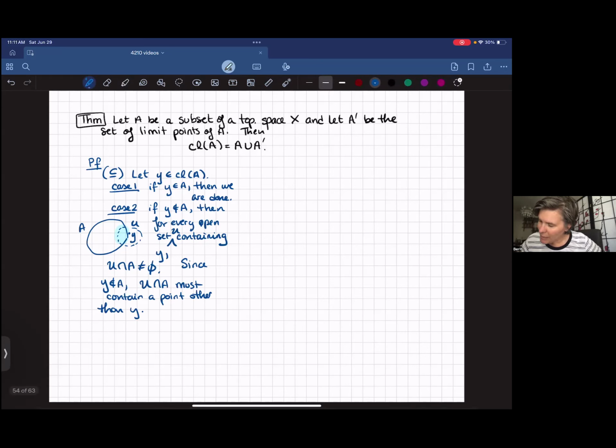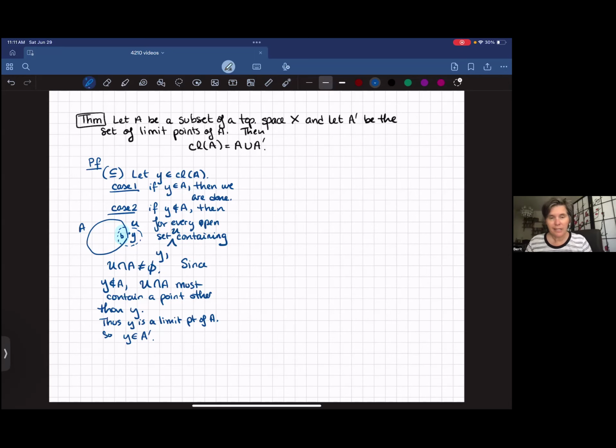And we know that it has to be a point other than Y itself because Y is not inside of A in this case. And so that means that Y is a limit point of A. So Y is in A prime, the set of limit points, because it is a limit point. So in case one, Y is in A. In case two, Y is in A prime.